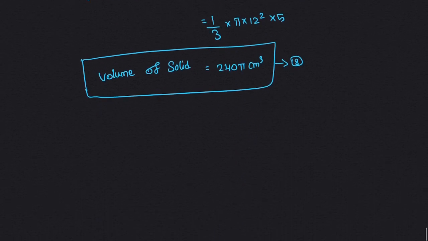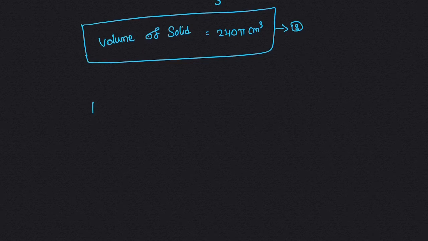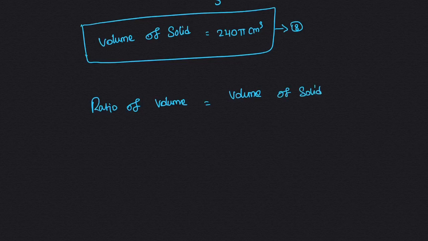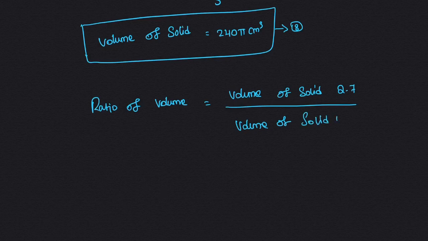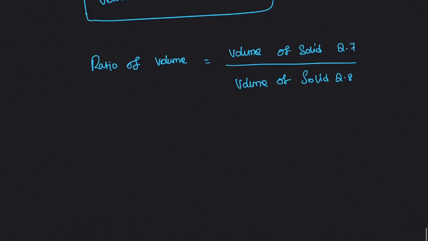Now, the ratio of volume of solid, question number 7 and question number 8. So question number 7 is 100 pi and this one is 240 pi.